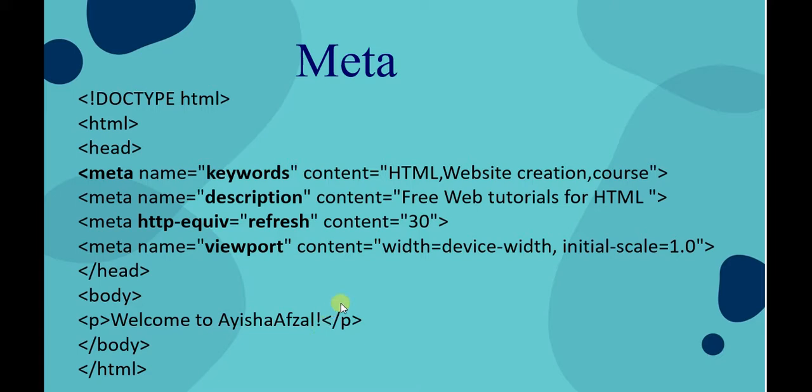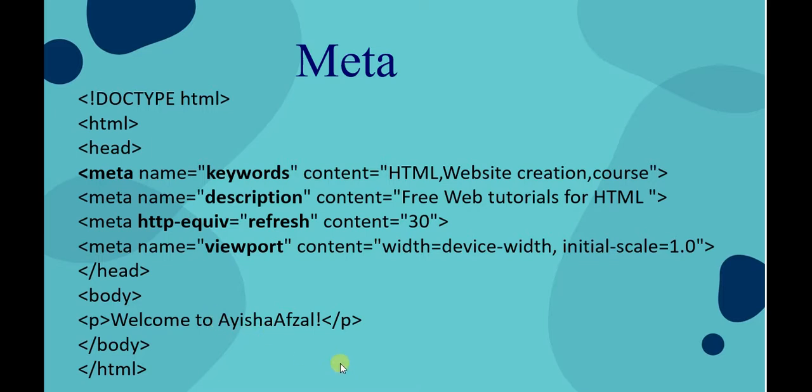Like in a mobile phone we have some width, in a laptop or desktop we have another width. According to the device, you can specify how the website occupies the screen in this meta tag. It doesn't reflect in your web page actually, but at the back end it will work. That is the use of the meta tag.